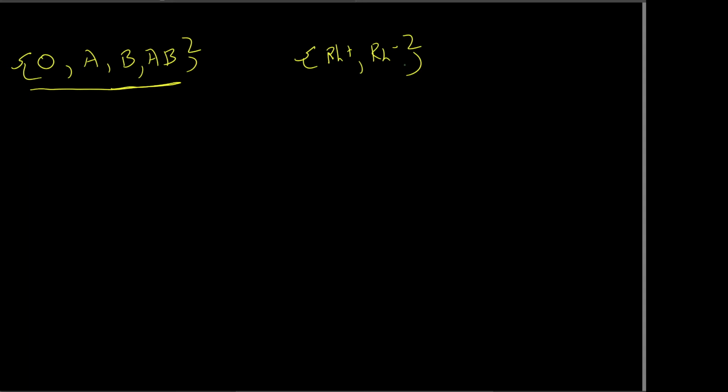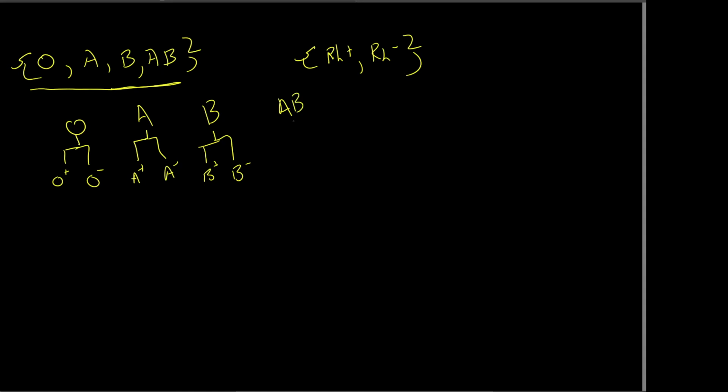And so if we look at the full sample space of the blood types, and if they're Rh positive or Rh negative, I could go, well, O, and then I get O positive and O negative, A positive and A negative, B positive and B negative, and AB positive and AB negative.